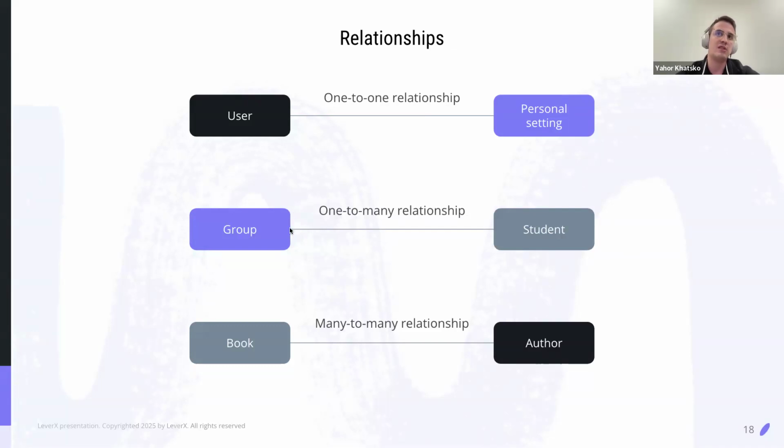So that's how we establish the one-to-many relationship. And for the many-to-many relationship, it's like a book could have multiple authors, and an author could have multiple books. That kind of relation is established within a separate, third table that has only two fields.